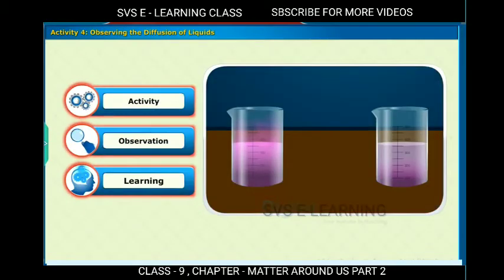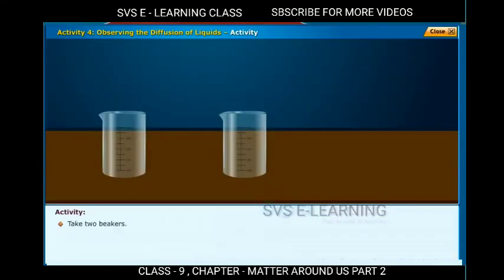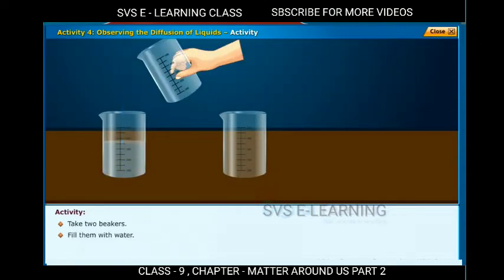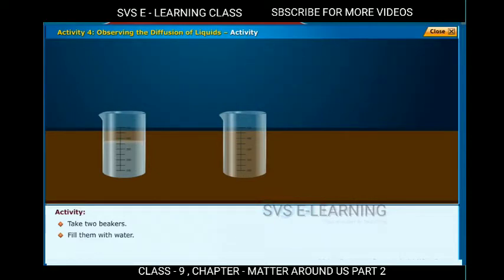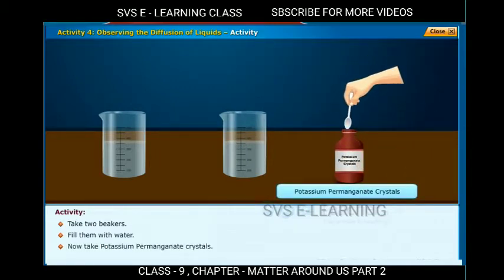Let us perform an activity to observe the diffusion of particles of liquids. Click each tab to know more. Take 2 beakers, fill them with water. Now take potassium permanganate.